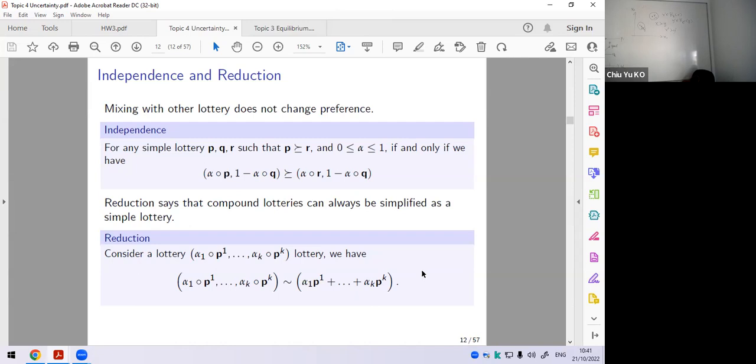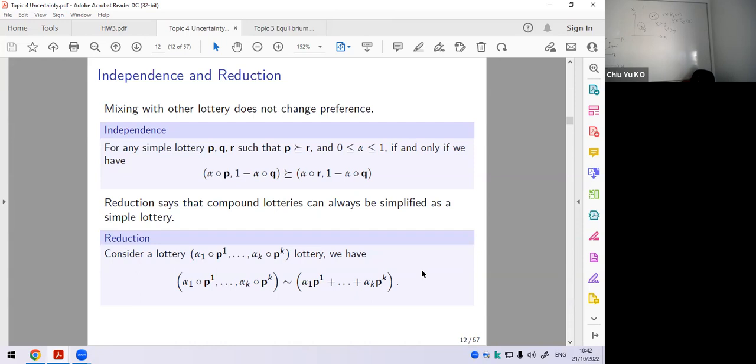Suppose we have just two outcomes, A1 and A2. Lottery one is half and half. Lottery two is, say, 2/3 and 1/3.